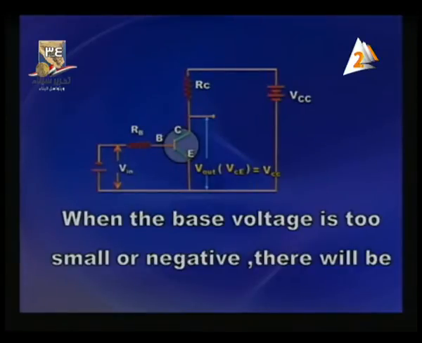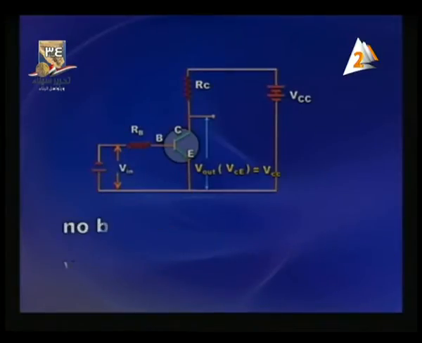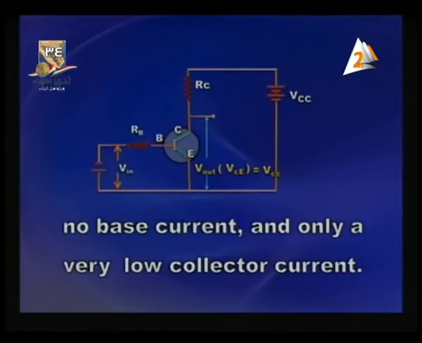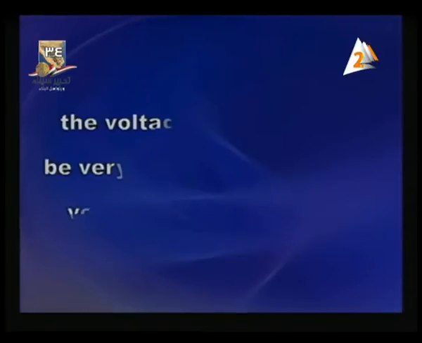And now, when the base voltage is too small or negative, in front of you, the base is connected to the negative terminal of a cell, there will be no base current, and only a very low collector current will flow.